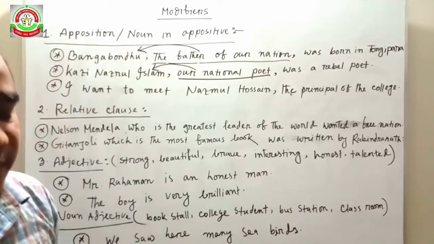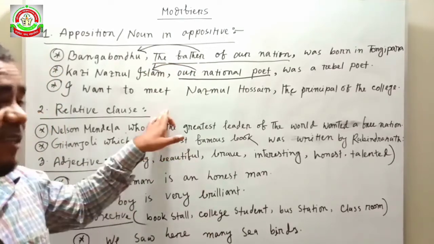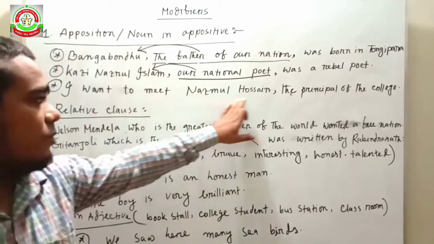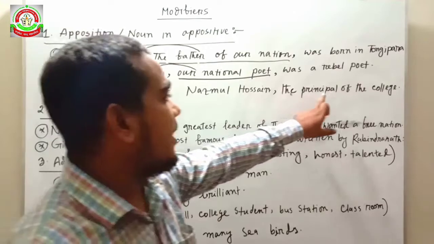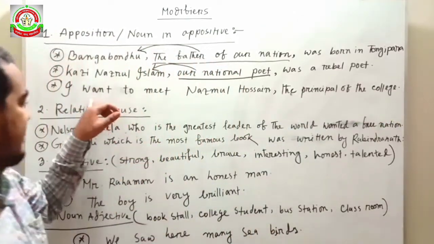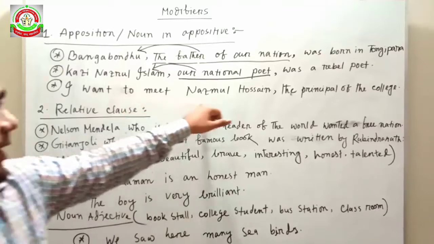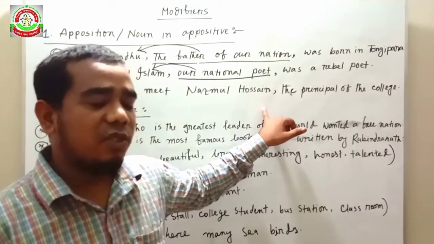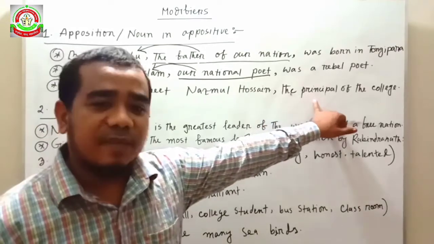Dear students, let me show you the next sentence. I want to meet Nazmul Hussain, the principal of the college. Here the main sentence is I want to meet Nazmul Hussain, and the apposition is used at the end of the sentence.